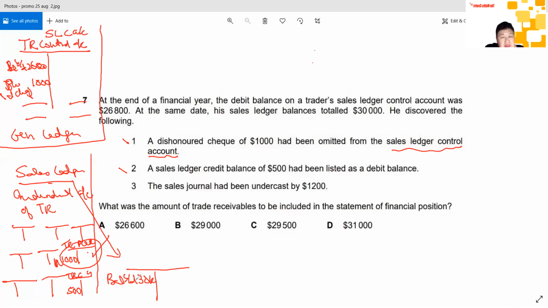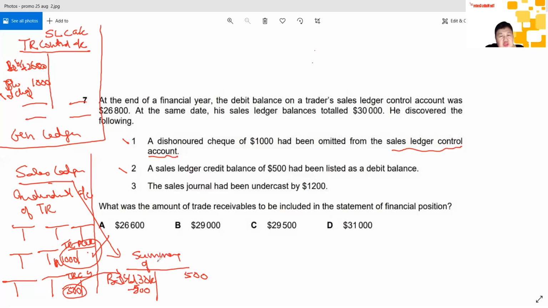So from this 30,000, this 30,000 is the summary figure, all right? This figure is too much. This 500 is part of the 30,000. So you have to reduce this 30,000 by 500 and add the 500 here. This is your sales ledger, a sales ledger figure of 30,000, a summary of your sales ledger.